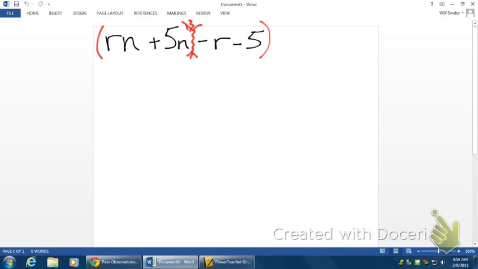Dylan is right. The greatest common factor is just going to be n. That's the only factor they have in common. Now, if I factor that out, what am I going to have left? Well, I'm going to have an r, and I'm going to have plus 5.